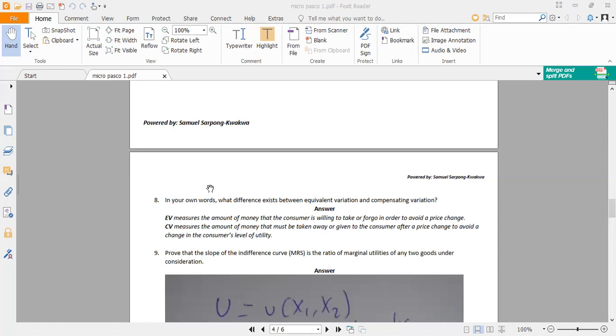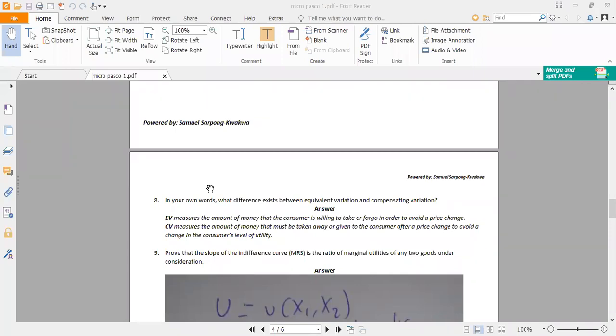Just for an example, if there's going to be an increase in price, it means that there's going to be a reduction in the consumer's welfare or utility, holding your income constant. When there's an increase in price, you cannot buy as many goods as you used to, so the level of satisfaction that you get is going to fall.